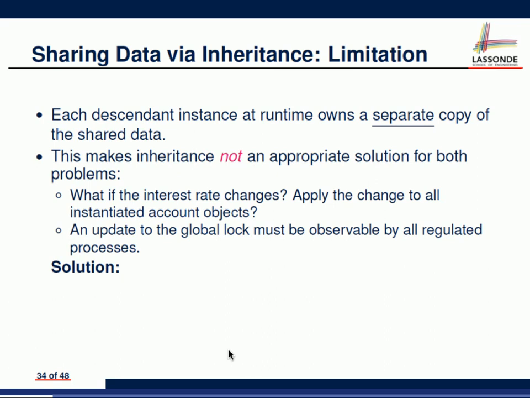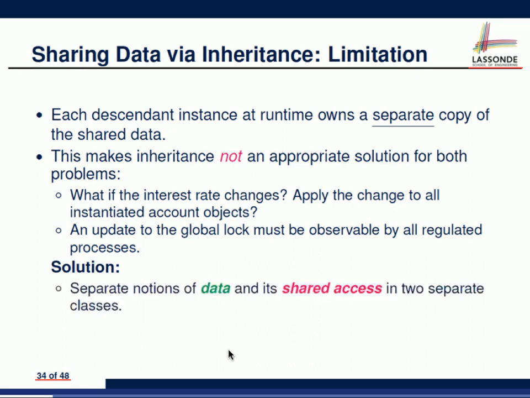Okay, so the solution right now, let's lay out the solution. And I want you to think about, is it possible for you to achieve that solution? Okay, so that's the ideal solution. Number one, we want to somehow separate the notion between the data and the shared access to the data. So what do I mean by that?